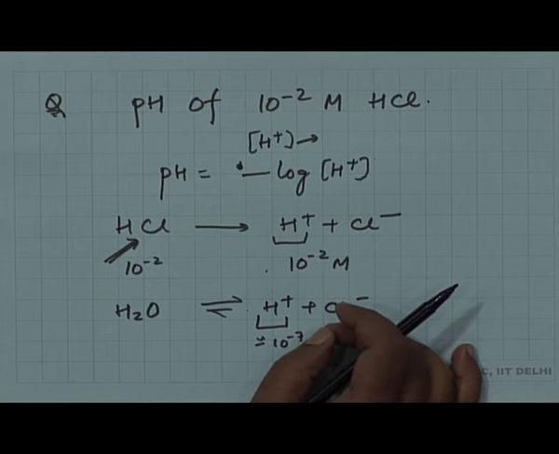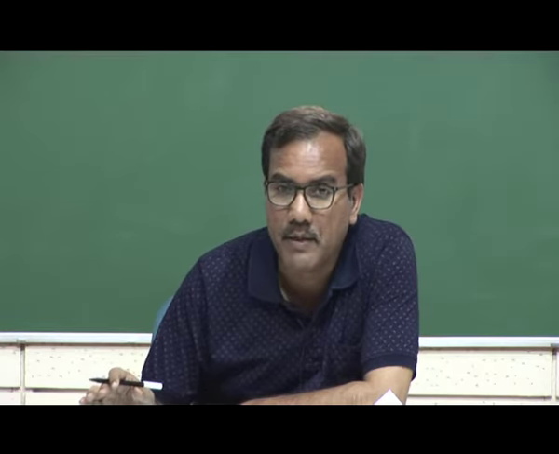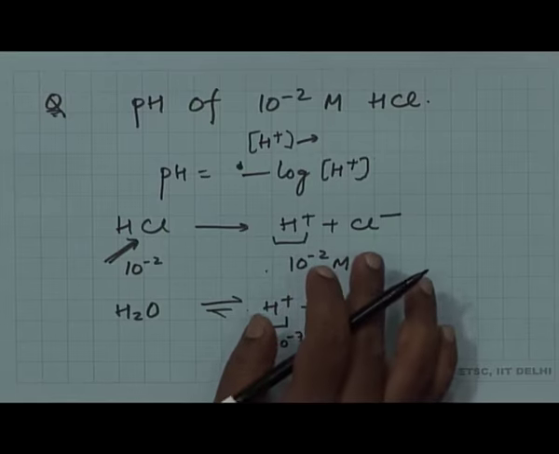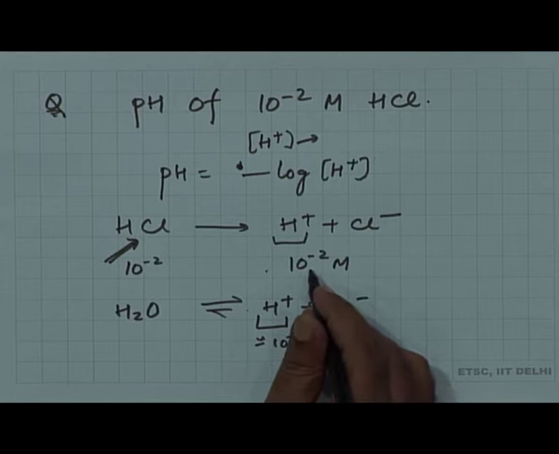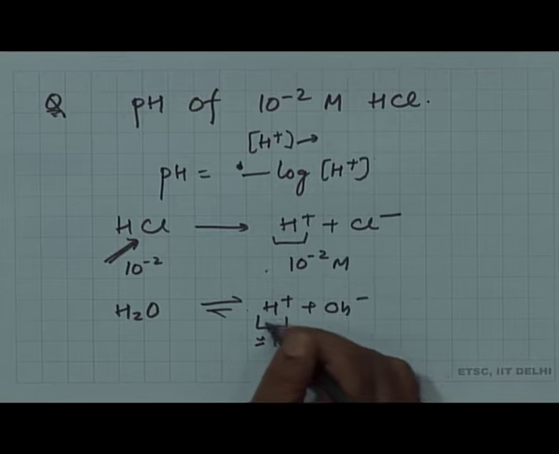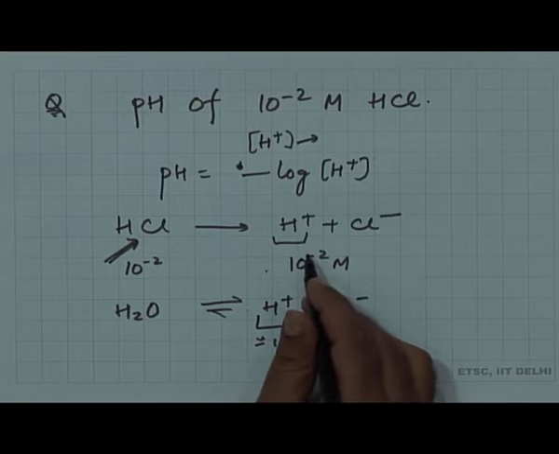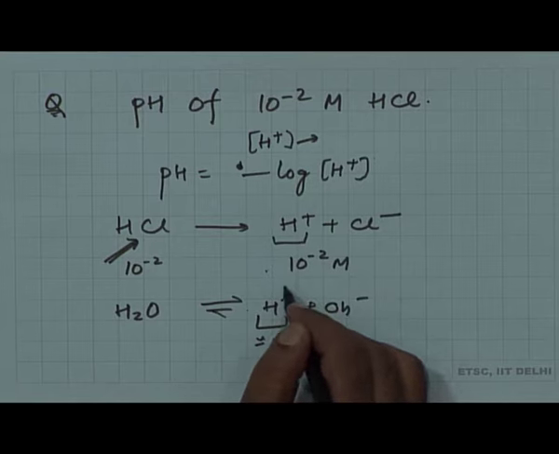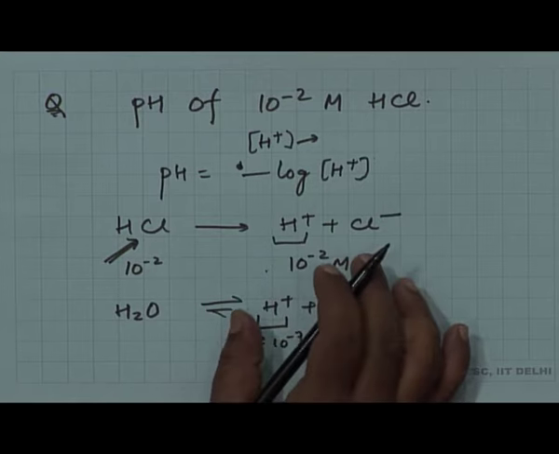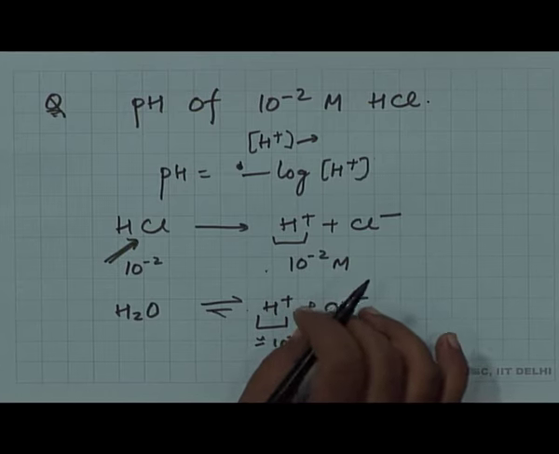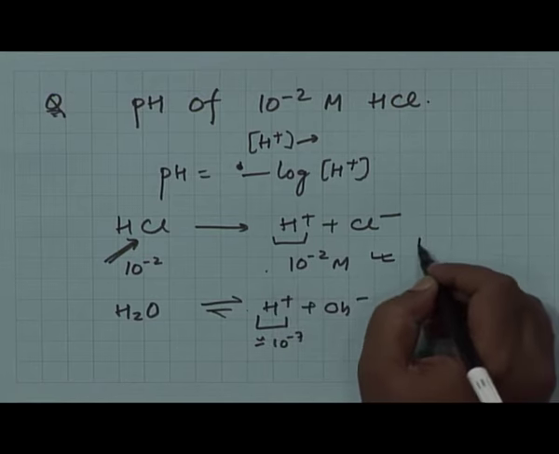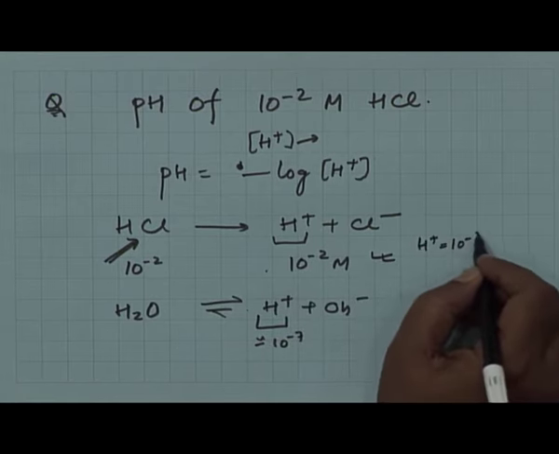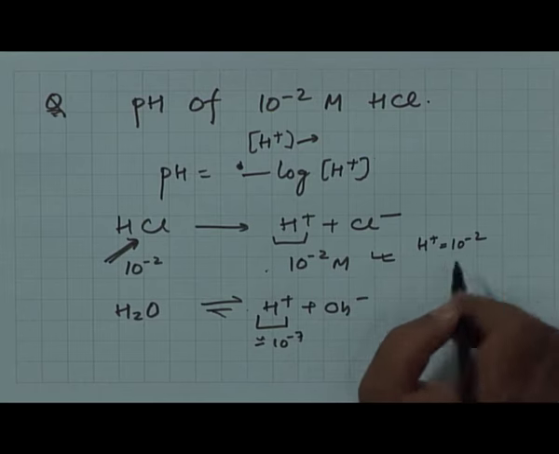It will be even smaller than 10 to the power minus 7 because of the common ion effect, which I will explain later. This concentration is quite small in comparison to 10 to the power minus 2 molar, and hence almost all of the H plus in the solution will be contributed by HCl, so the H plus ion concentration will be 10 to the power minus 2.